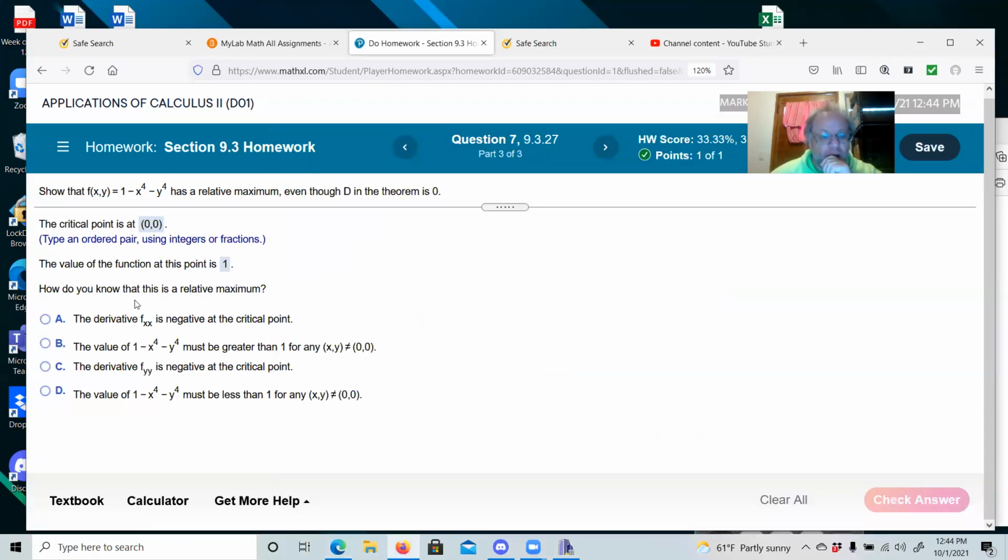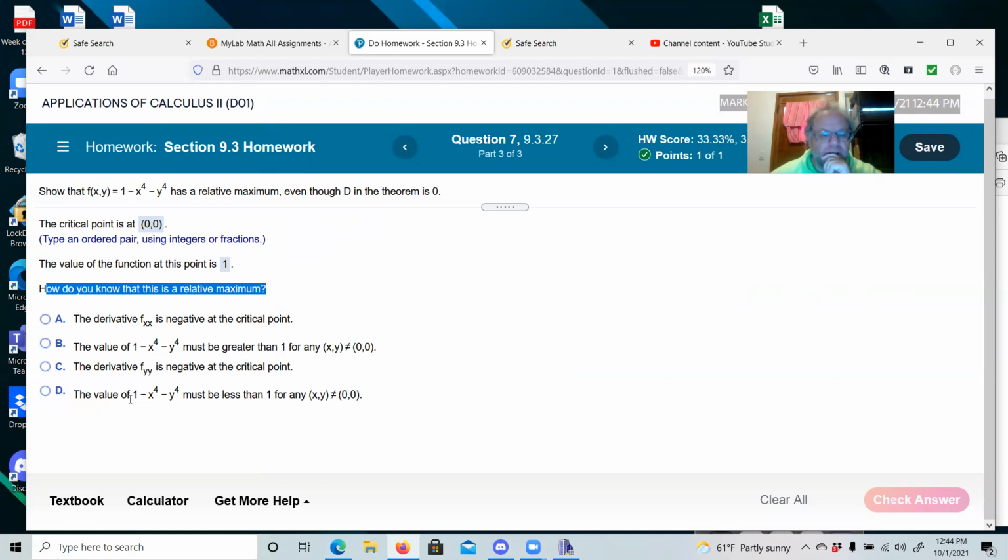Oh, how do you know it's a relative minimum? We don't know it's a relative minimum. Oh, it's a relative maximum. Oh, okay, I can read. Relative maximum, because this one has to be greater than anything else.